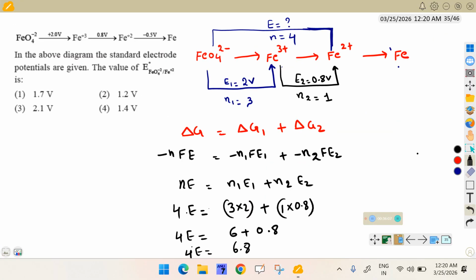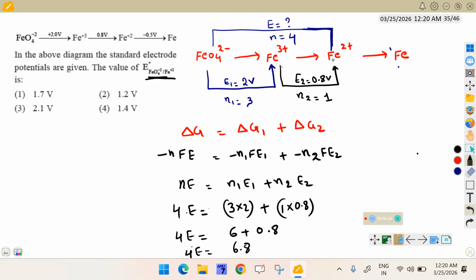In the above diagram, the standard electrode potentials are given. The value of E0 FeO4 2 minus by Fe2 plus. Okay, first FeO4 2 minus is converted to Fe3 plus. EMF value 2 volts.